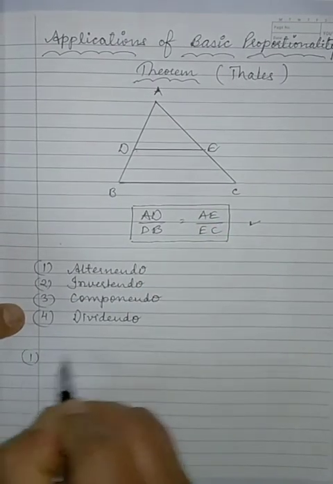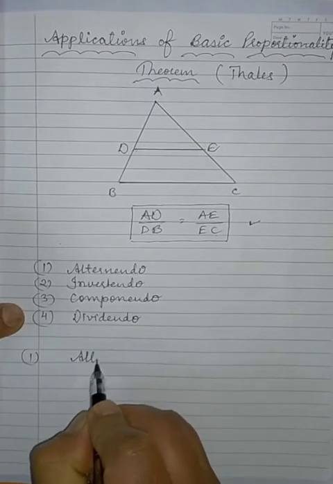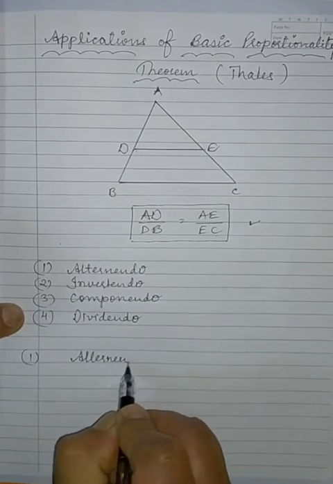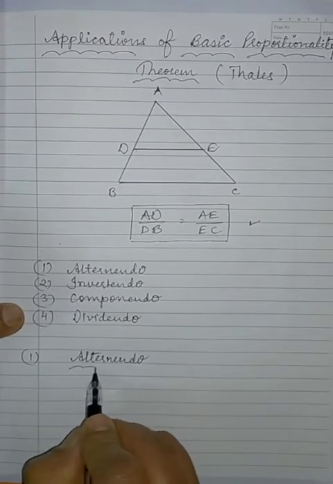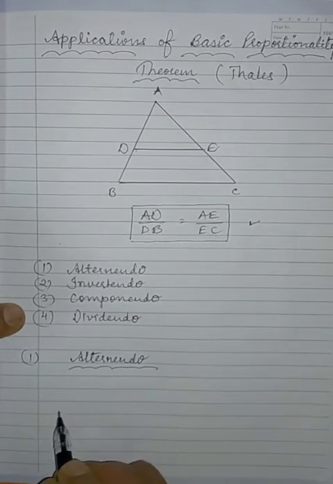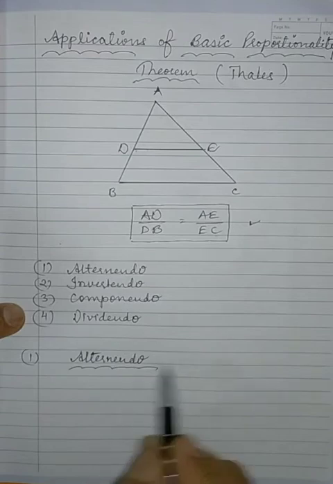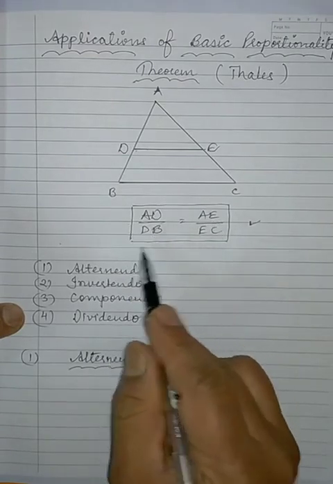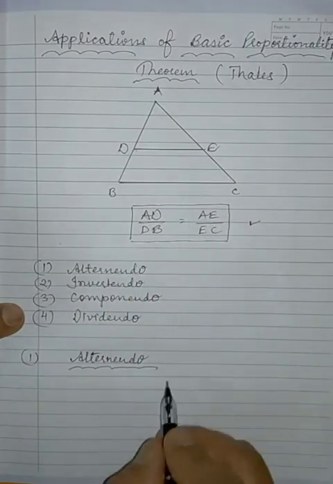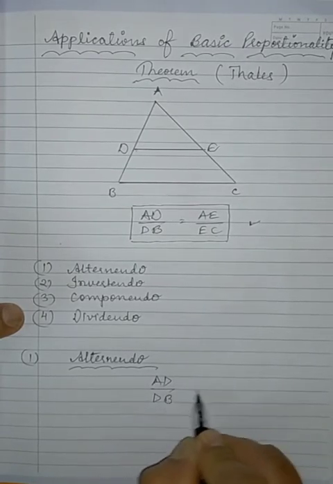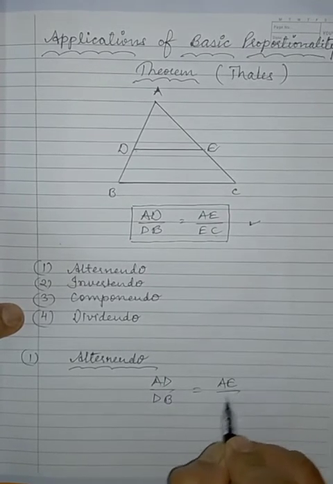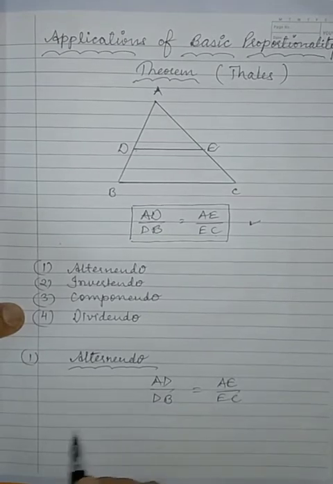The first one we have is alternando. Alternando means we can alter the relation of this Thales theorem. We have AD upon DB is equal to AE upon EC.